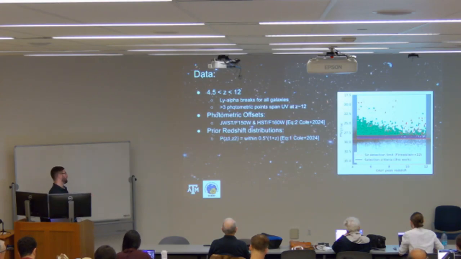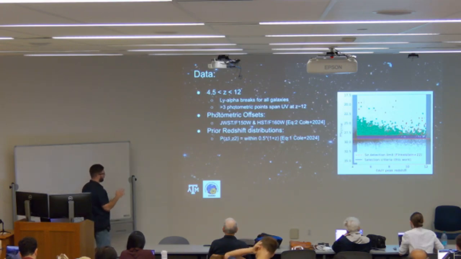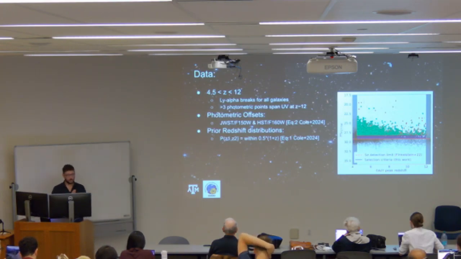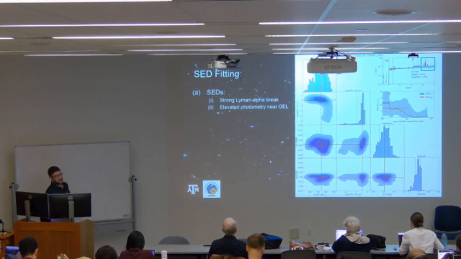We essentially want 70% of that redshift distribution to be contained within about 1/2 of 1 plus z. So we want relatively well-constrained redshift distributions, and as you go to higher redshift, as you can see, those distributions are allowed to get broader.